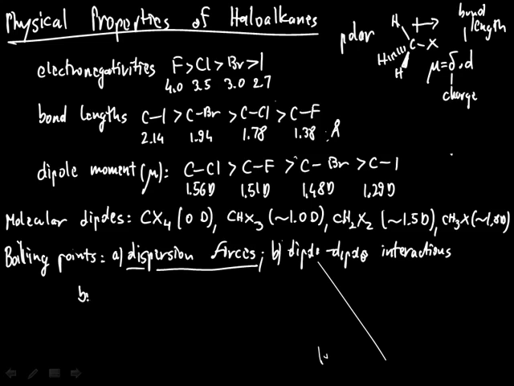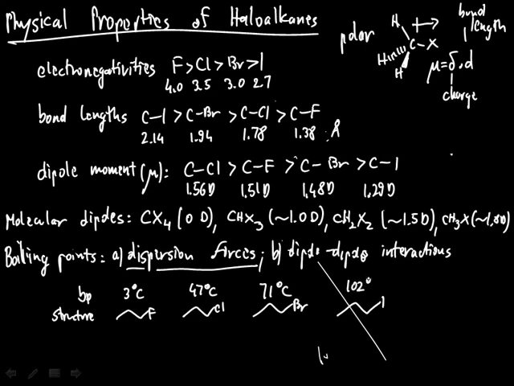And so if you look at the structure of various haloalkanes, these are all propane derivatives. With fluorine, the boiling point will be 3 degrees Celsius. If we switch to chlorine, this will be 47 degrees Celsius. Bromine gives us another almost 30 degrees, so this is 71 degrees Celsius. And finally, iodine is 102 degrees Celsius.